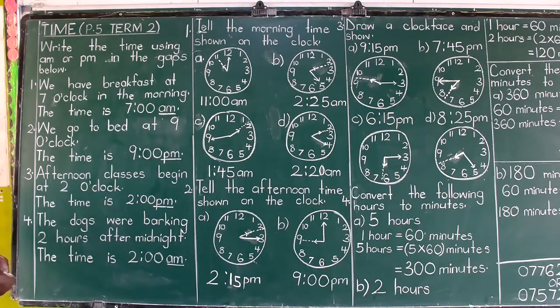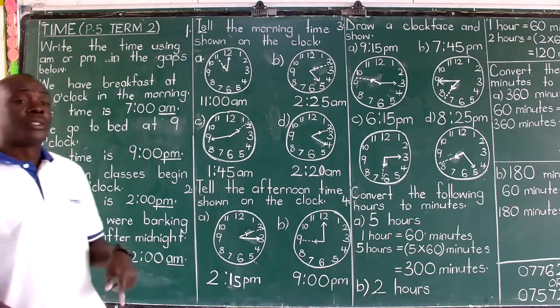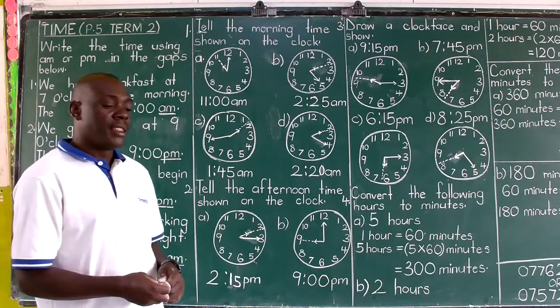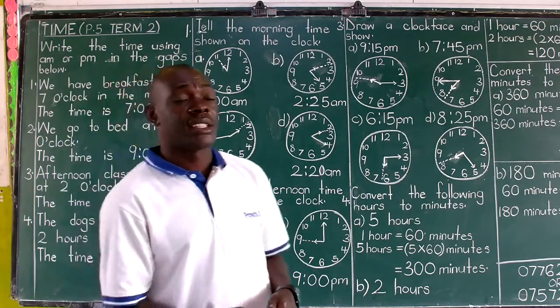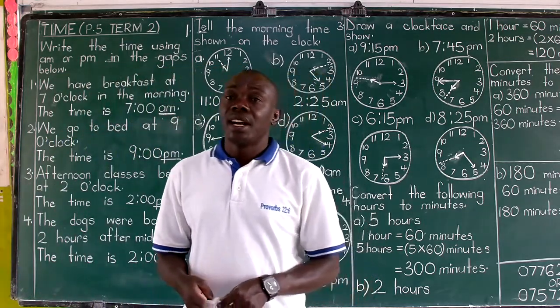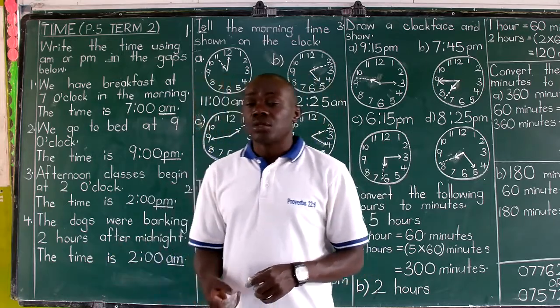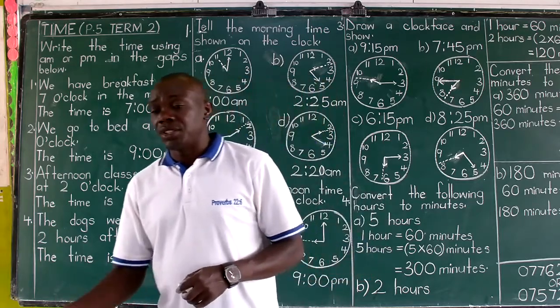Then example number 4: the dogs were barking 2 hours after midnight. One must note that any day starts at midnight, so it starts in the morning. Morning starts at midnight.